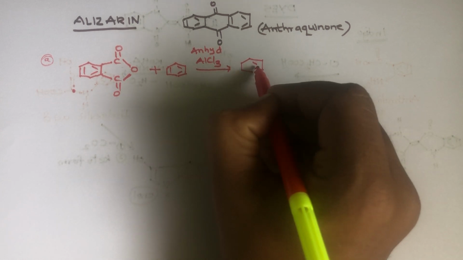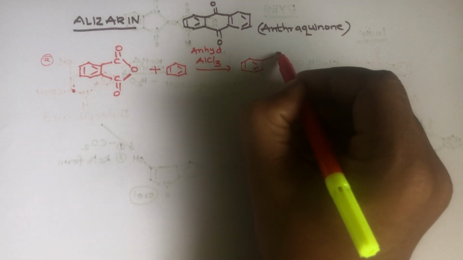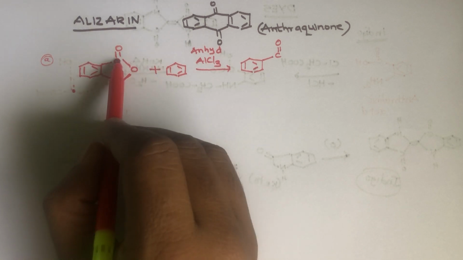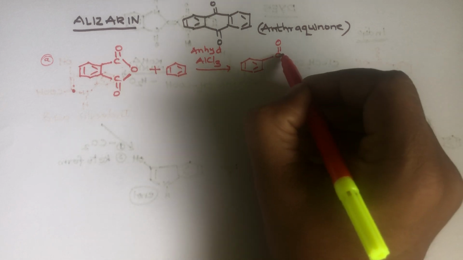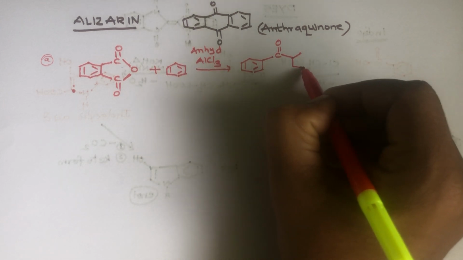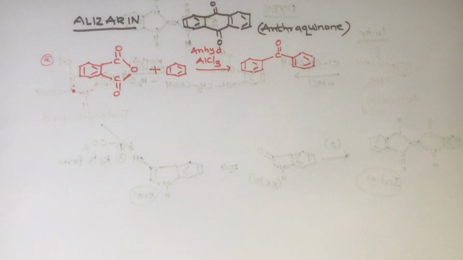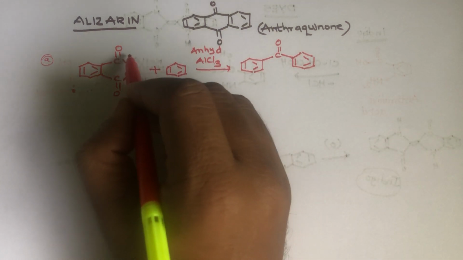you have a benzene ring as usual. So this double bond O as it is. So this carbon and this carbon, they form a bond. So you get another benzene ring. And this attacks.